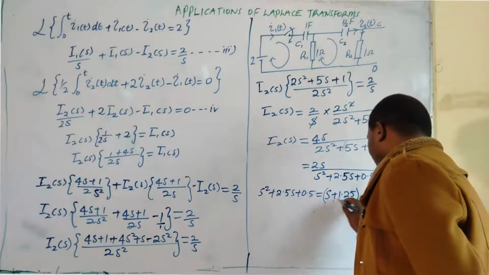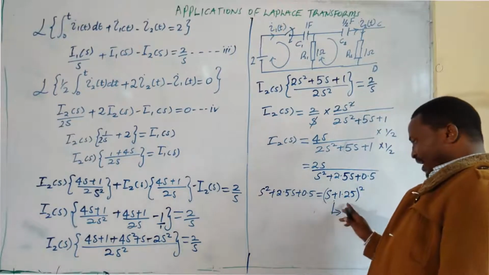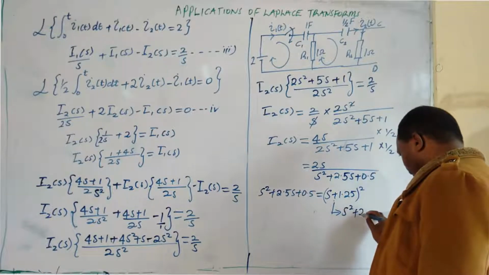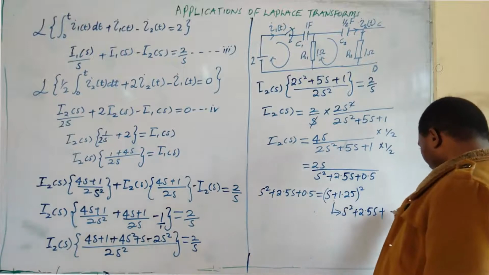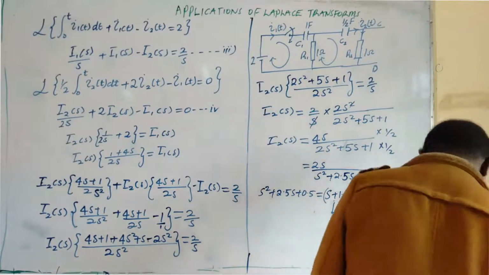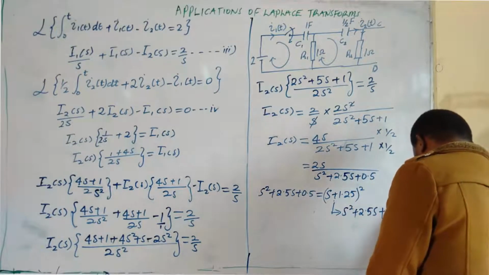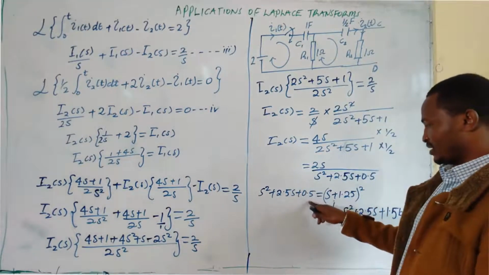Then we square this. If we expand this, it will be s squared plus 2.5s plus 1.5625. It's not equal to this.